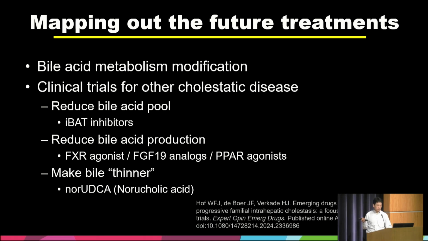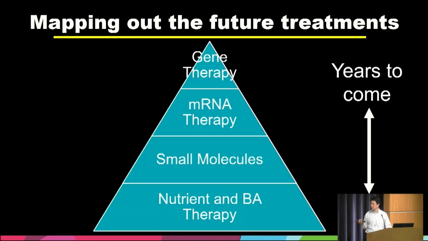Reducing bile acid production is done with FXR agonists, FGF19 analogs, PPAR agonists, and there is a new version of UDCA, norcholic acid. It's basically, I would say, a bile acid thinner. They have many different functions, but those are bile acid modifying factors, and they are coming to the PFIC world.